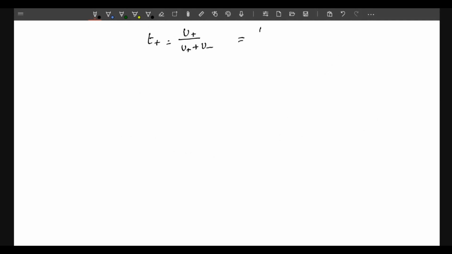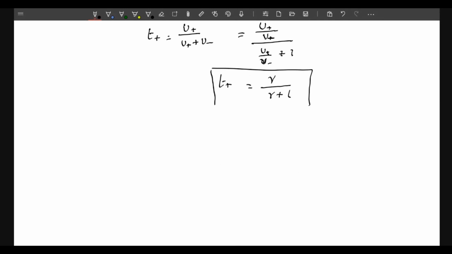Divided by U minus, you will get U plus by U minus divided by U plus by U minus plus 1. What is U plus by U minus? That is nothing but R, the speed ratio of cation and anion. So T plus is equal to R by R plus 1. Therefore, if R is given, we can calculate the transport number.